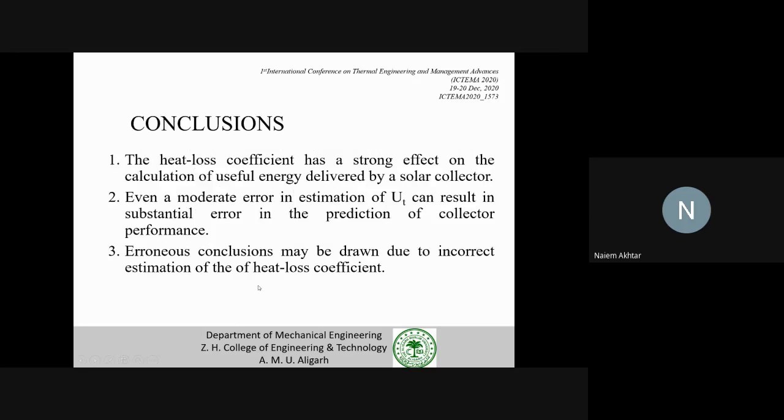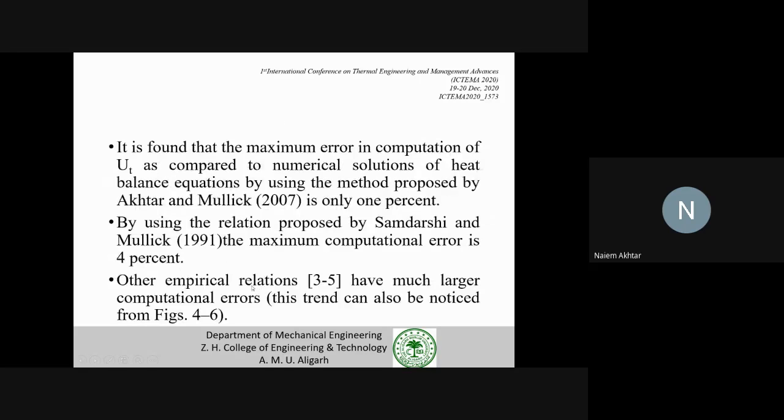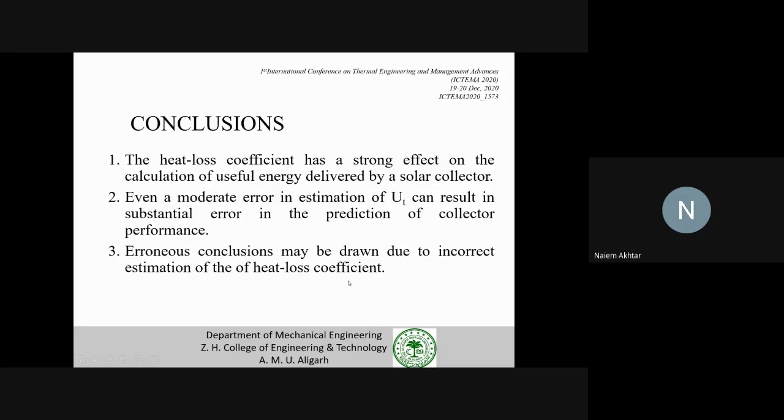Whereas the empirical relations give much more error, maybe 40%, 50% for certain combinations of variables. This trend we have noticed in the above figures 4 to 6.